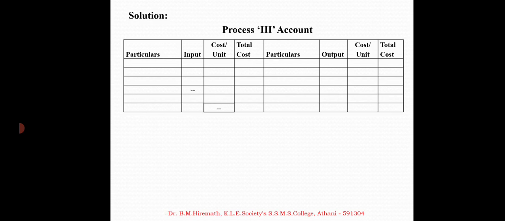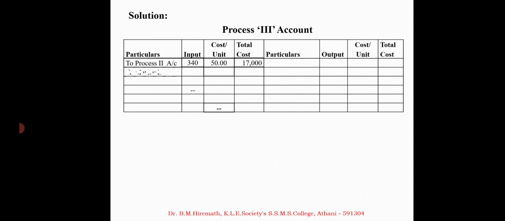360 units is the output of process 2 account. The same is to be transferred to process 3. Here the entry starts with to process 2 account. Total 340 units at the rate of 50 rupees. Total is 17,000.